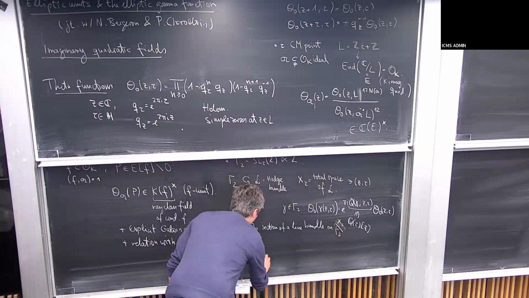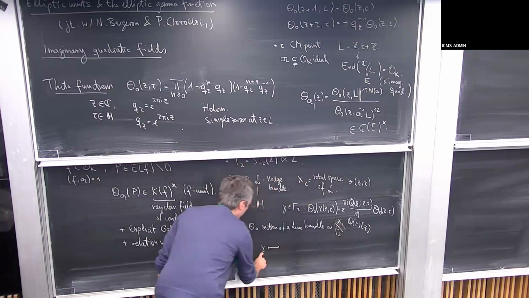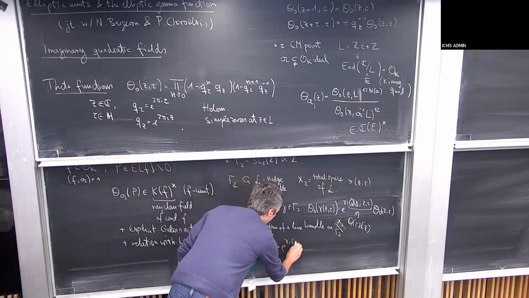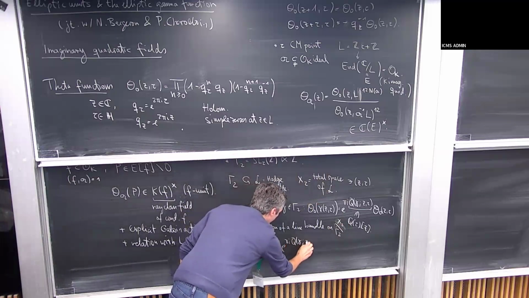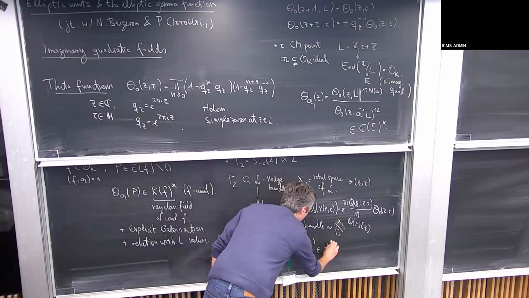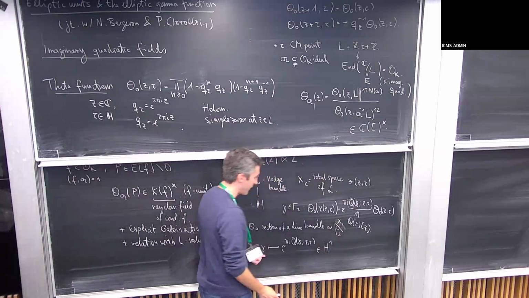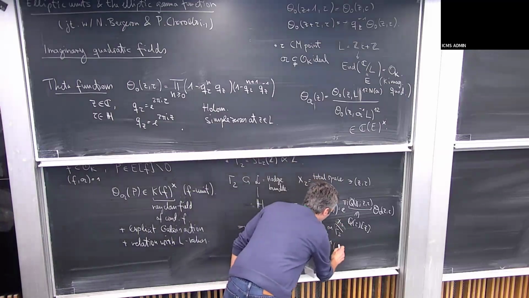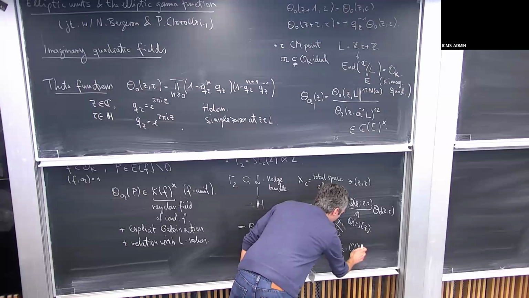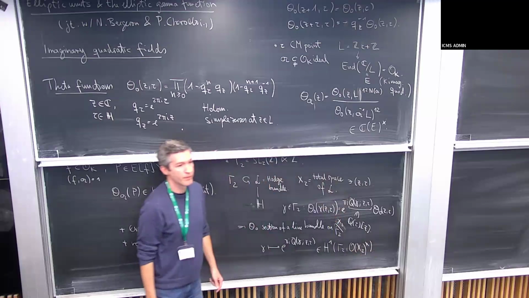Well, I have this map sending an element of gamma 2 to this quantity here. This thing happens to be a cohomology class of degree 1 for the group gamma 2, valued in the multiplicative group of holomorphic functions on X2.